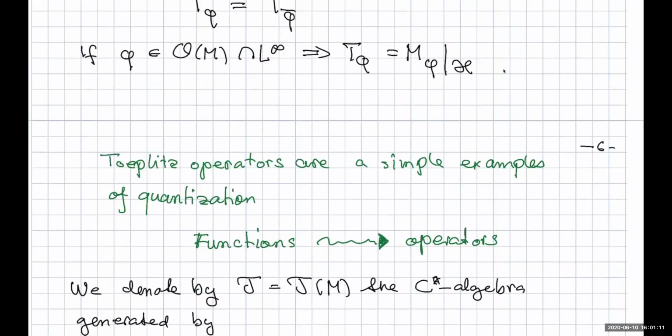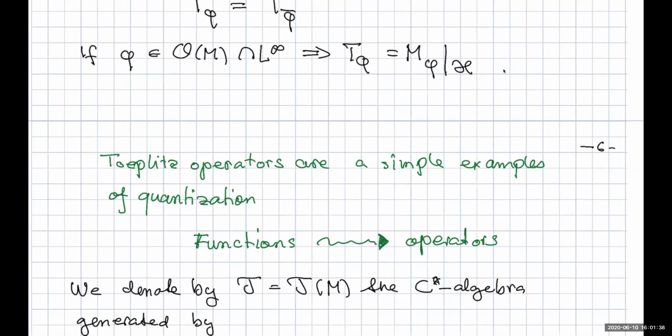Okay, so why are Toeplitz operators interesting? First of all, in quantum physics, you have these mechanisms to quantize functions. The classical mechanics is described by looking at functions, but in quantum mechanics, you look at operators.